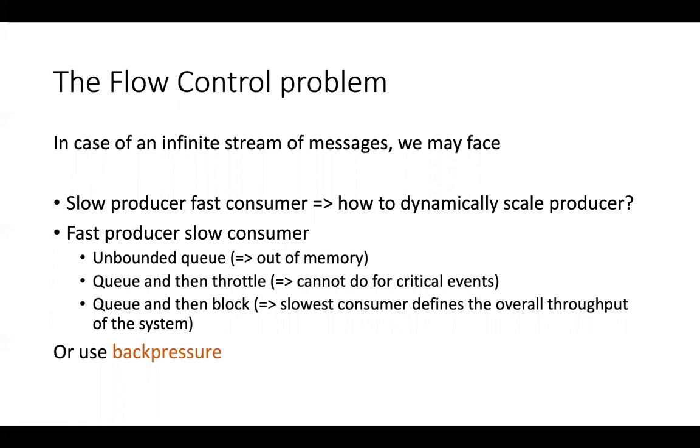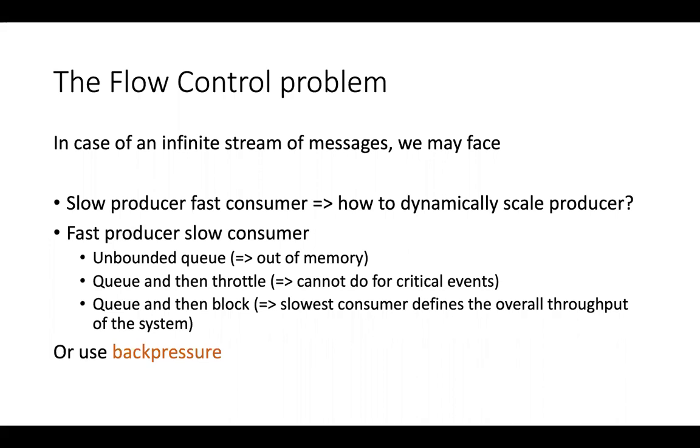So now comes the major problem that we were trying to solve initially, the flow control problem. If you have an infinite stream of messages, then there can be two kinds of problems. We saw the pub sub: there is a producer producing messages and a consumer consuming messages. Consider a case when the producer is very slow and the consumer is very fast.